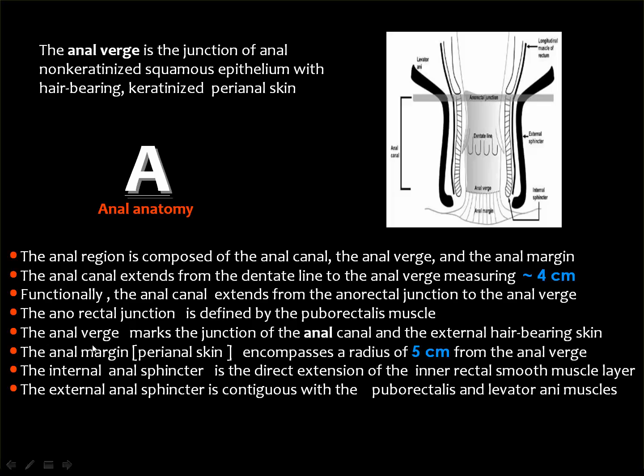The anal verge marks the junction between the anal canal and the external hair-bearing skin. This anal verge is the junction between the non-keratinized squamous epithelium and the hair-bearing keratinized squamous epithelium, and the anal verge corresponds to this particular area.